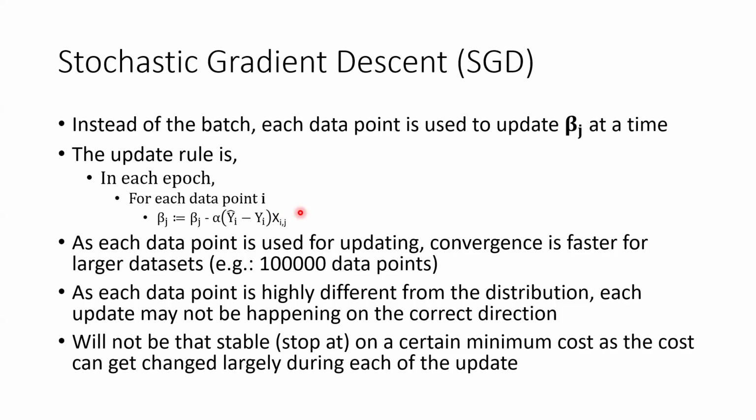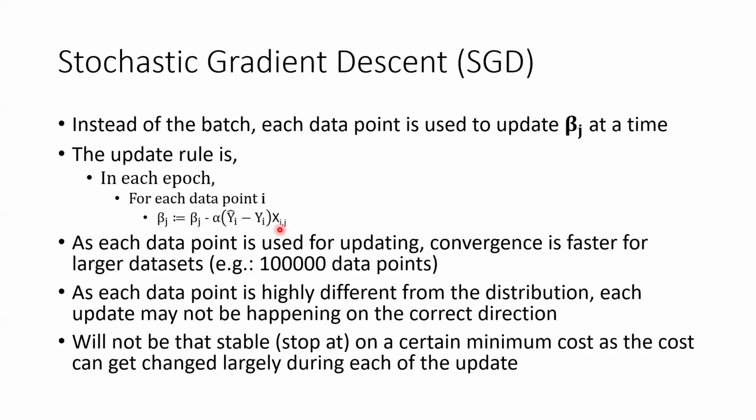But there are some disadvantages as well, right? In stochastic gradient descent, compared to batch gradient descent, the disadvantage is that there won't be the guaranteed convergence given in batch gradient descent. If you select a very small learning rate, you can guarantee with high probability that the solution would converge to the optimum point.